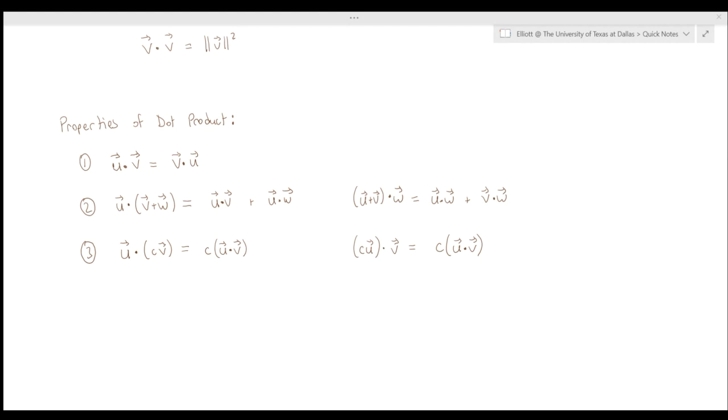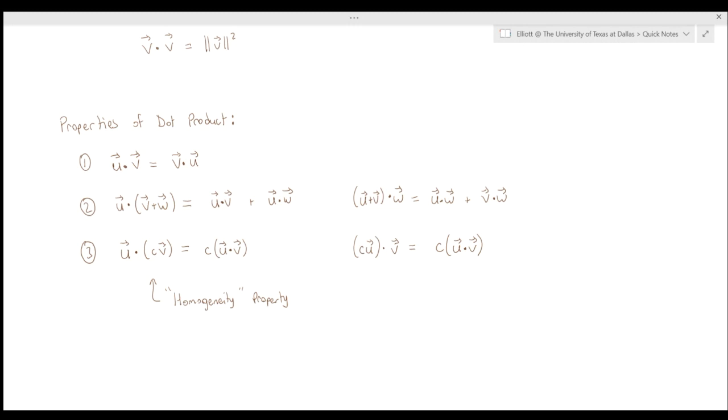This third property, some people refer to it as the homogeneity property. I'm not sure if that's necessarily a standard terminology, but I've seen that used before.